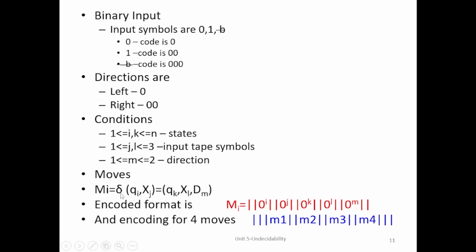This is for a single transition function. If you consider a Turing machine, there are many transition functions available. We should note the encoding format as M1, M2, M3 like that.